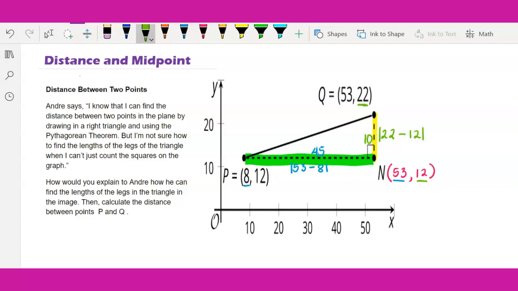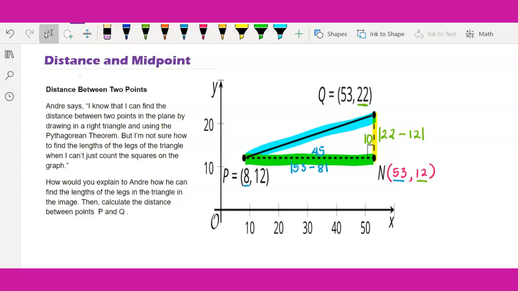Now, since 45 and 10 are legs of a right triangle, we can now find the distance between P and Q, which is the length of line segment PQ, which is the hypotenuse of the triangle that Andre just drew.